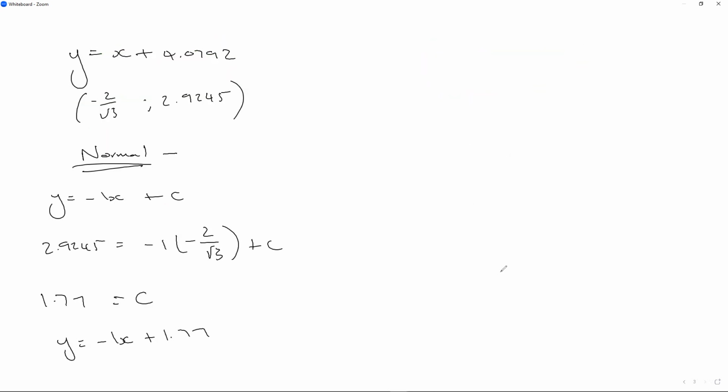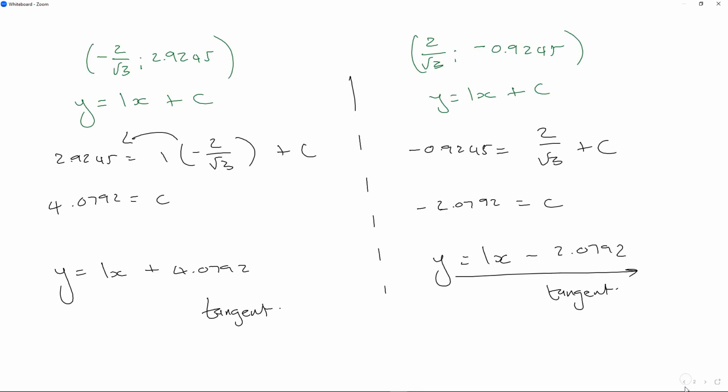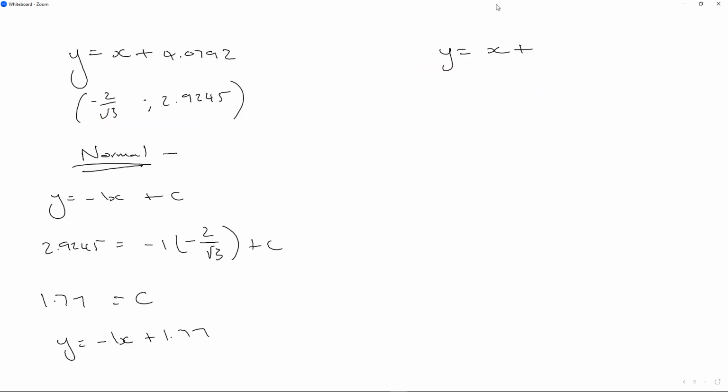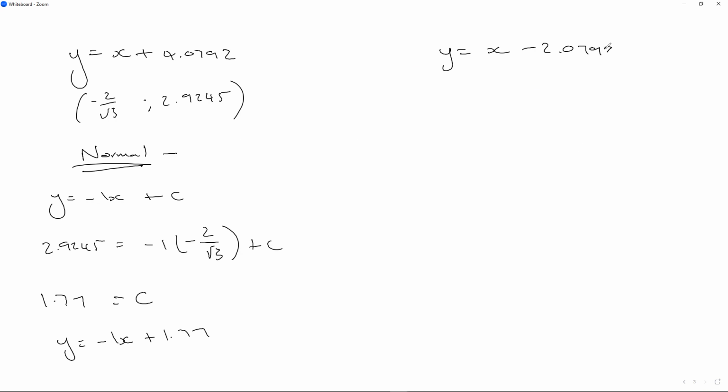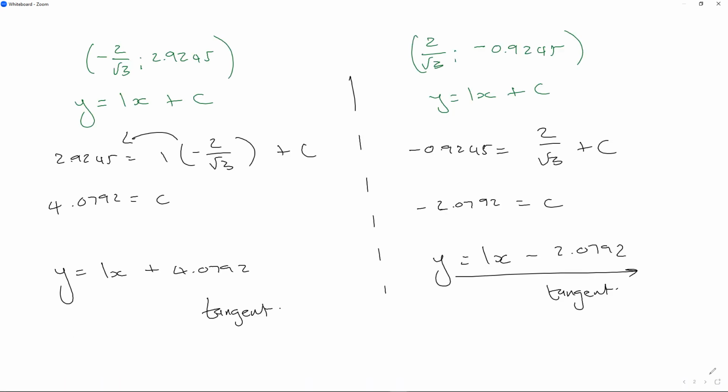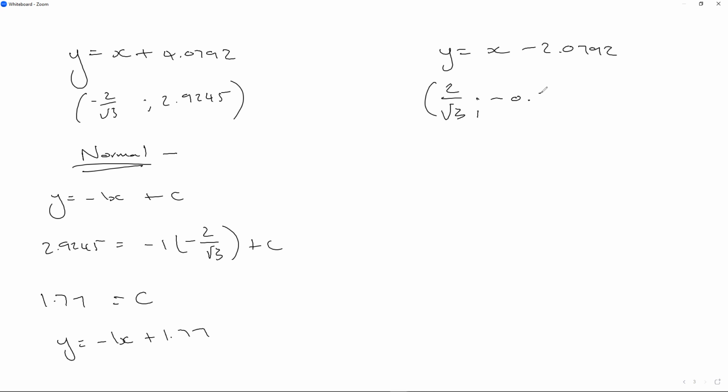We then repeat the process and we get y equals x plus the previous function, which was negative 2.0792. And we got 2 over root 3. And the other point was negative 0.9245. Again, we want to find the normal of this curve.